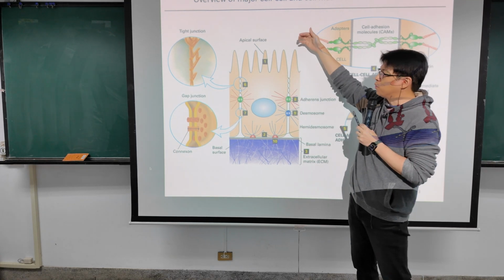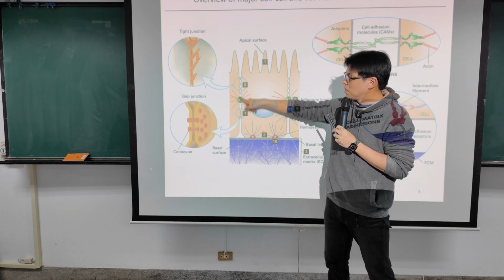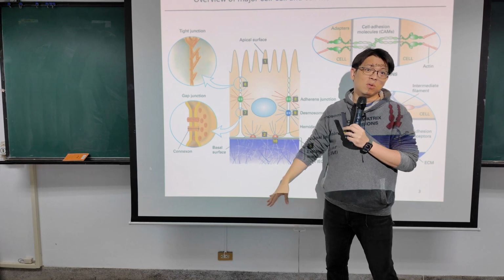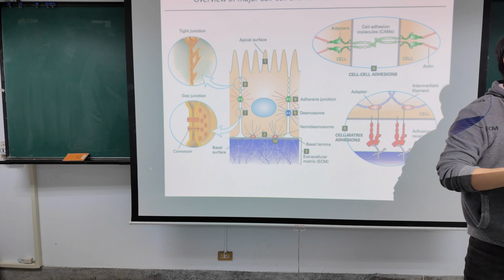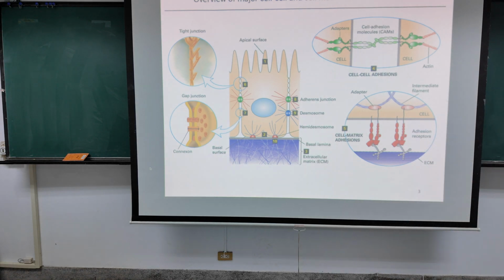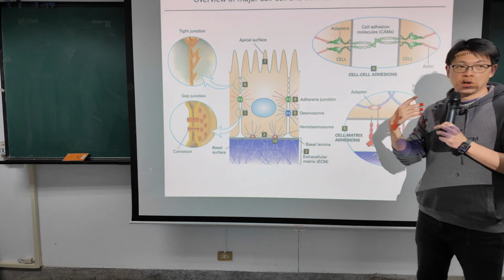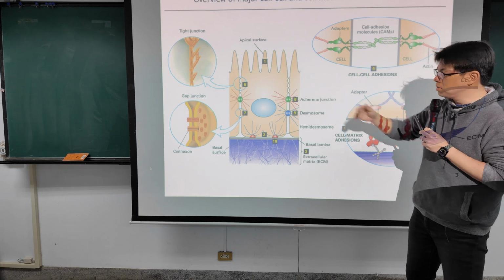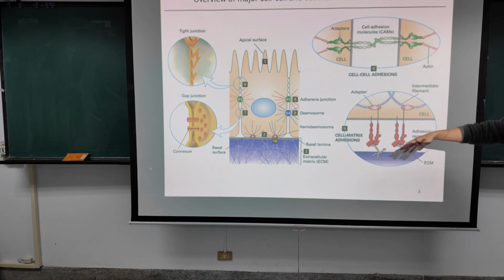Otherwise, the food or nutrients will go through any space between those cells and to the other cells, which we don't want. So these cells will form a really strong adhesion interface, called the junction, which we'll introduce later. They also need to form a strong interaction with the bottom environment, called the extracellular matrix.